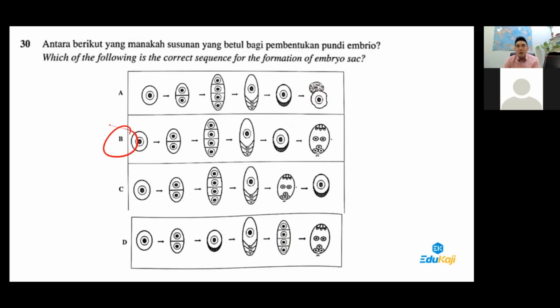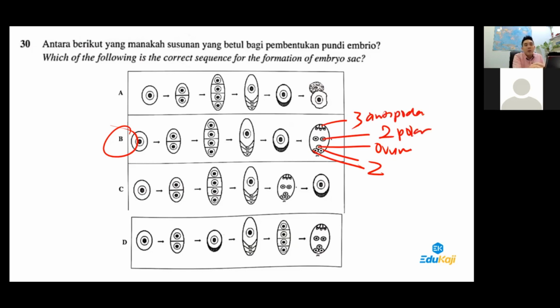If you get this wrong, guys, like I said just now, if you get this wrong, it's because you don't refer to diagrams enough. So this is an embryo sac. Why? 3 antipodal cells, 2 synergid cells, 1 ovum, and then 2 polar nuclei.